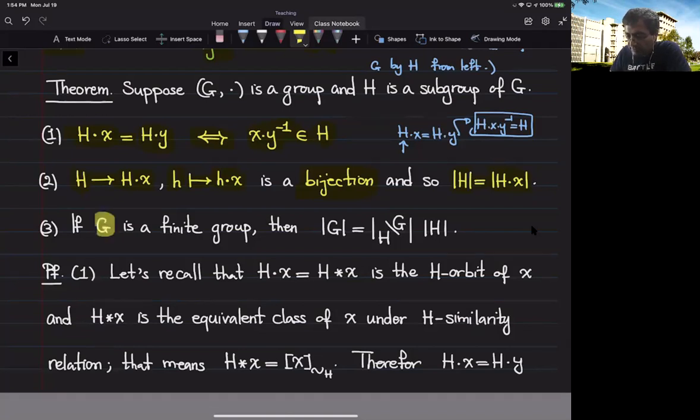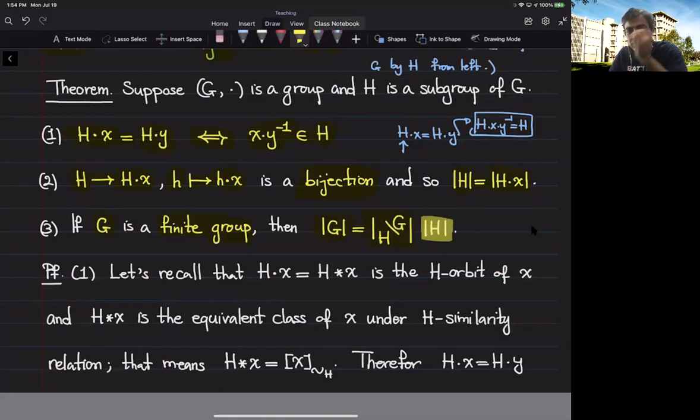Now, if G is a finite group, all these cosets, which are h orbits, have the same cardinality, and they form a partition of the group G. Therefore, the cardinality of the group G is simply the number of h orbits times the cardinality of all of these orbits.